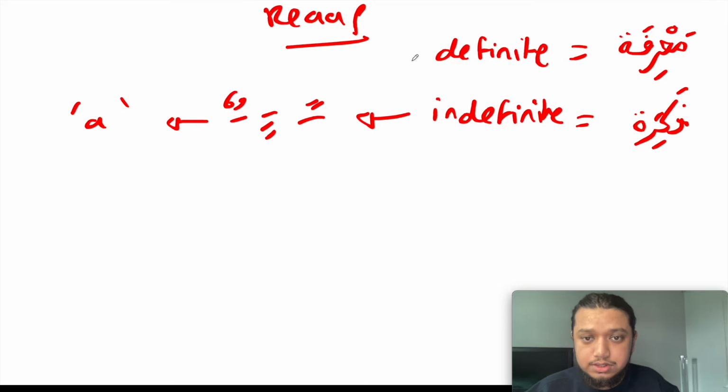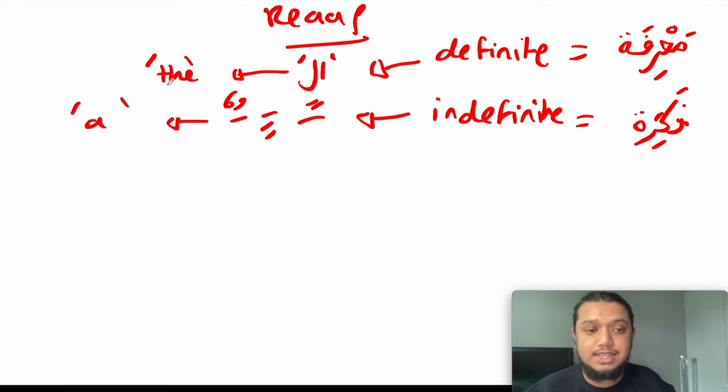We also mentioned that if a noun has the letters alif and lam on it, it is definite and it is translated as the. So as you can see, the is definite, whereas a or an is indefinite.